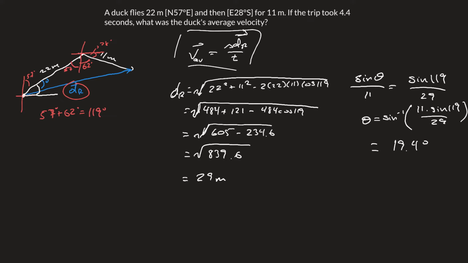Now that inside angle, the one that's in blue here, is now 19.4 degrees. It in and of itself isn't super useful, but what we might make use of is the total angle coming off of the north side. So if we add that to 57, we're going to get 76.4 degrees, and that is our angle north, 76.4 degrees east.